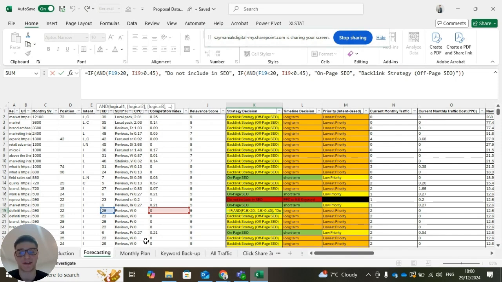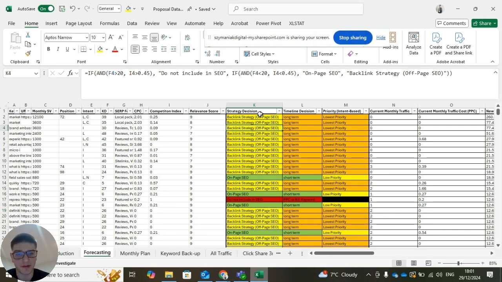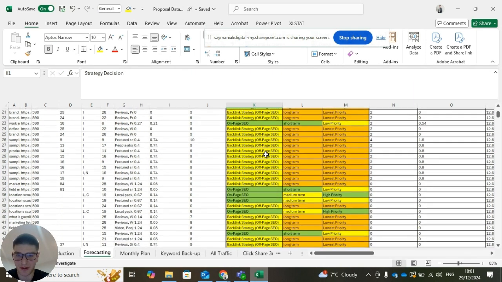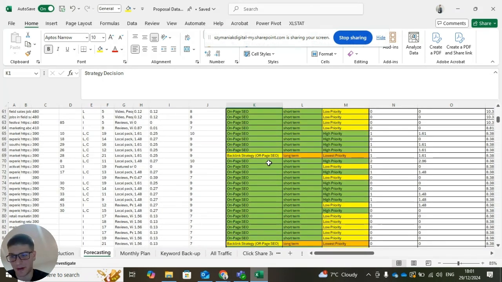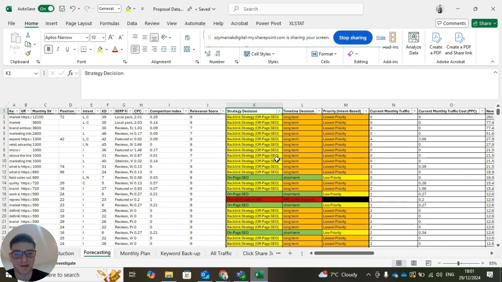However, the competition index is 0. So one of those conditions didn't match my decision tree hierarchy, which essentially leads to my strategy decisions. So I'm essentially governing the keywords and figuring out which keywords we should target first and what the strategy is.